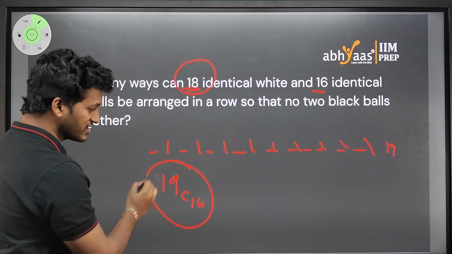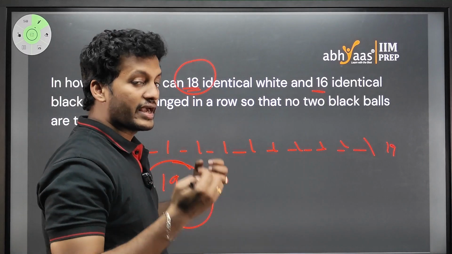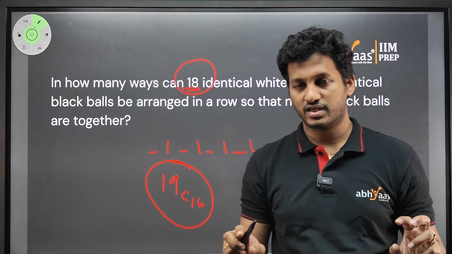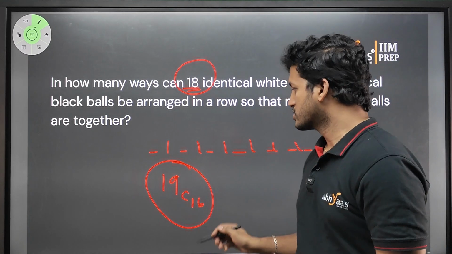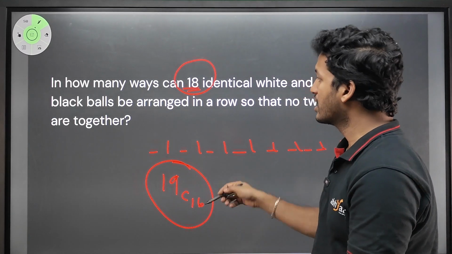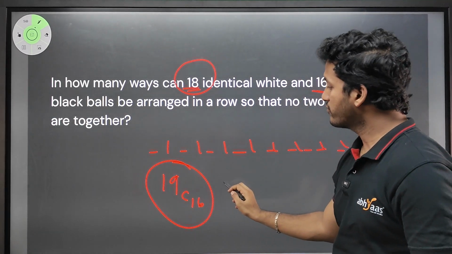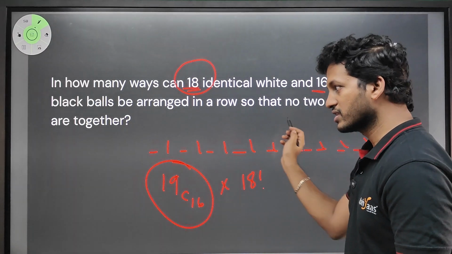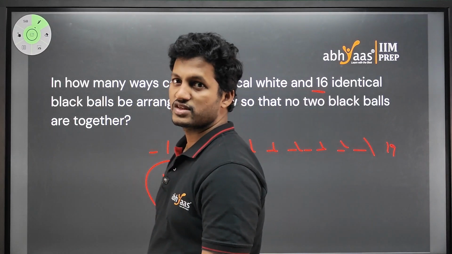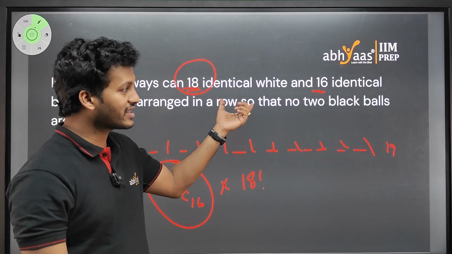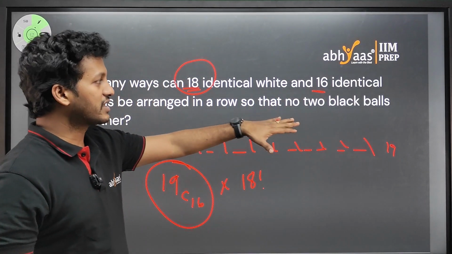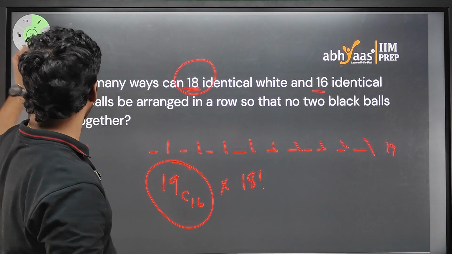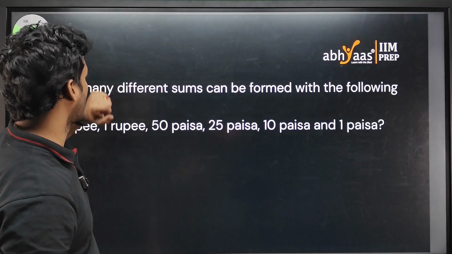These are individual spaces where the black balls cannot be together at any cost. So 19C16 will give me the selection of those places, into 18 factorial will give me the number of arrangements. So these are the number of ways I can arrange these black balls without any 2 black balls together. Okay, let's go to the next model.